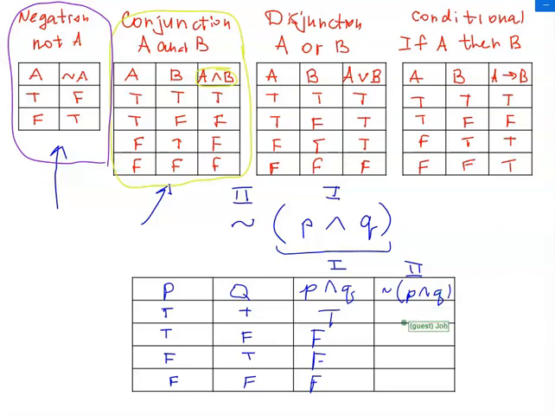So this is true. When we take the opposite of true, we get false. The opposite of false is true. There we go. Okay, right. So we're done with this table.